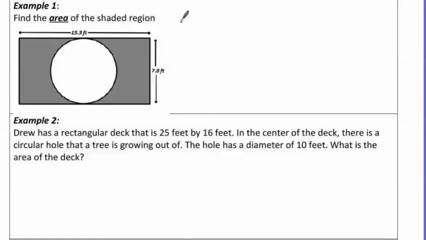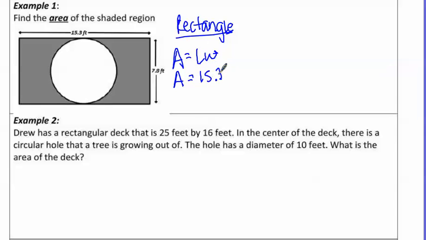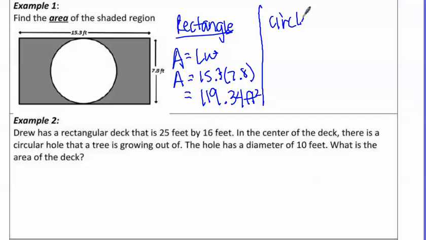So we have to find the area of the rectangle, which is area equals length times width. So the area would be 15.3 times 7.8. When I multiply that out, I get 119 and 34 hundredths feet squared. My circle, the area is pi r squared.